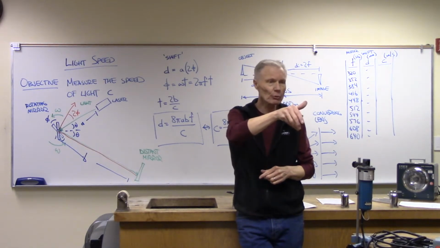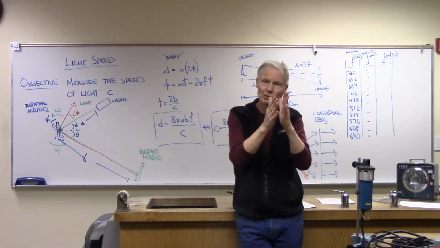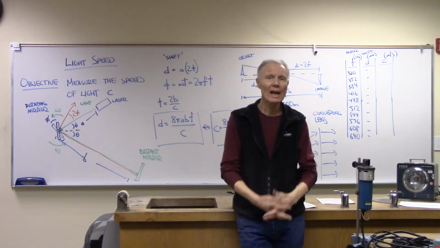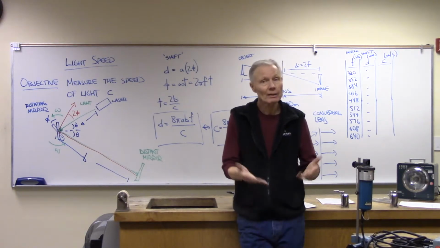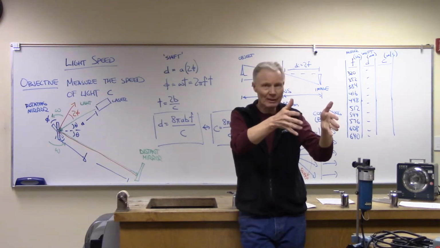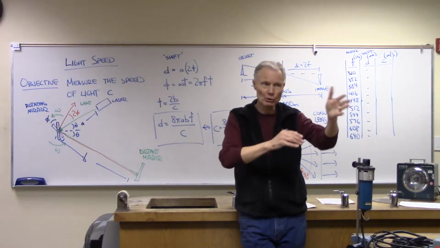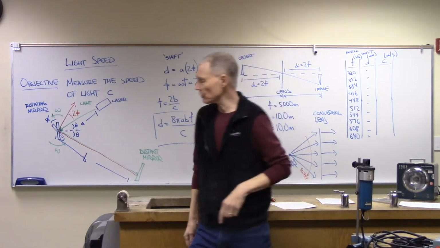As we turn up the motor speed, the returning light shifts more and more, and we can get several millimeters of shift. If we set up a good ruler and get a good view of the image of the return light, that's enough that we can measure the speed of light.